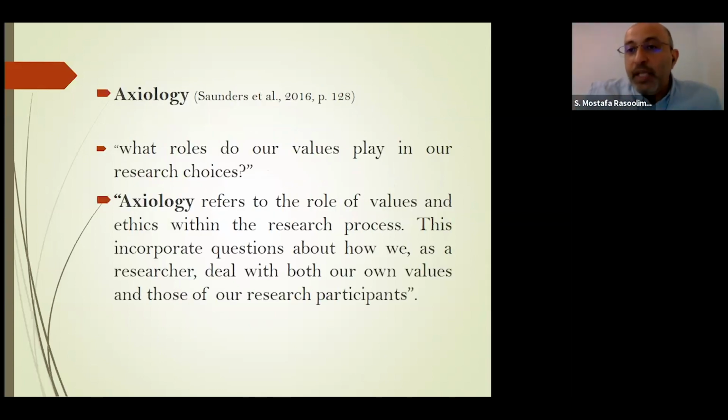Another pillar to identify our research paradigm is axiology. Axiology refers to the role of values in our understanding, interpretation, and of course, our research. What's the role of values?